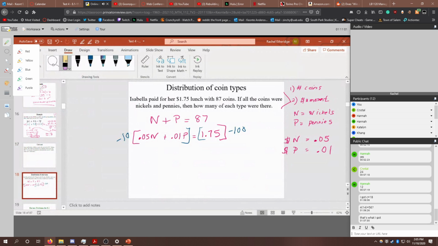Remember, when I multiply by 100, you just move your decimal 2 places. So negative 5n plus 1p, or just p, equals negative 175.